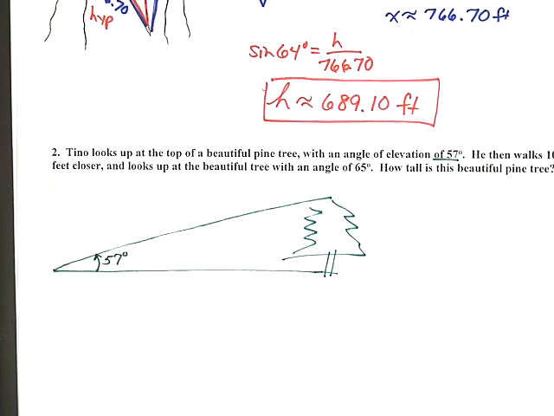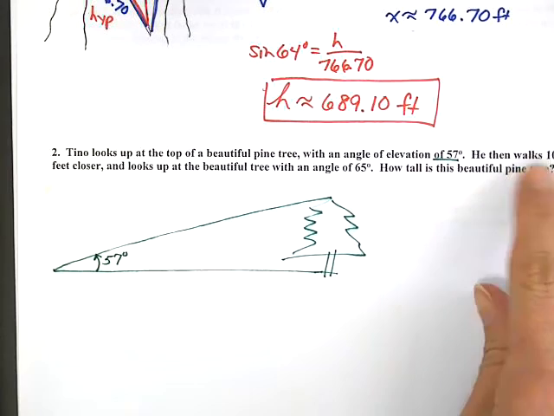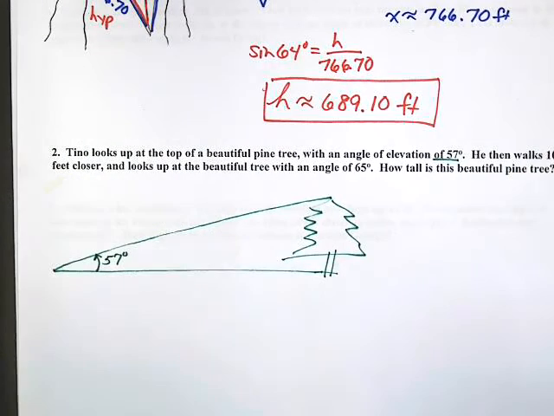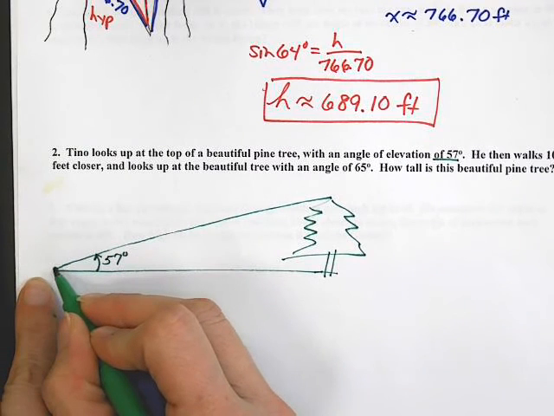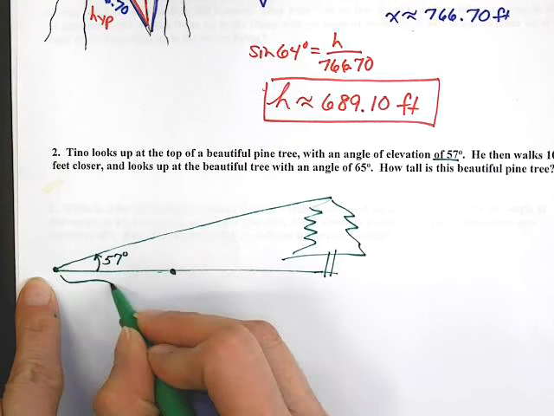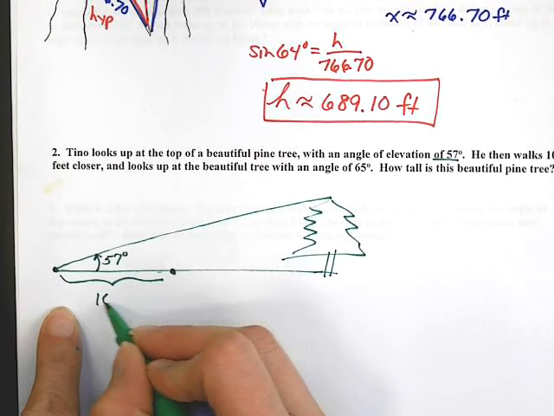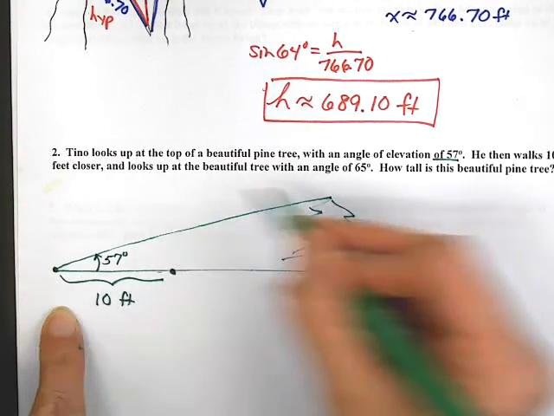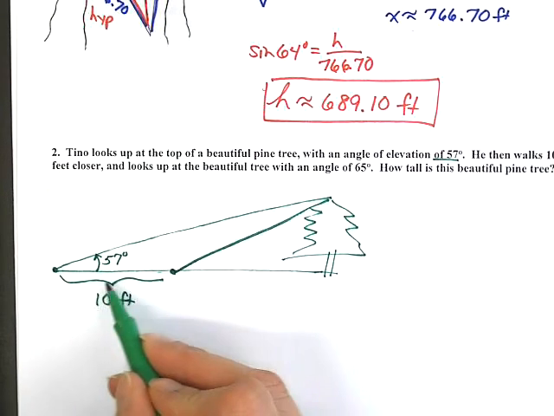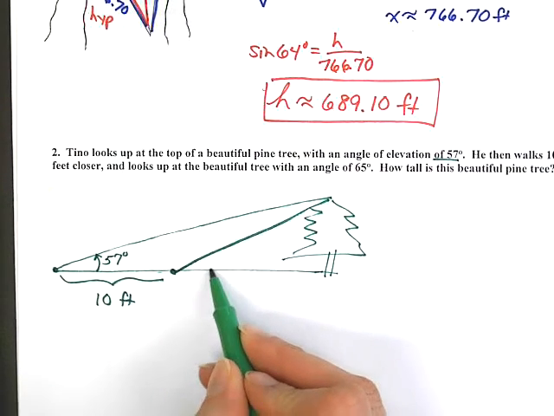He then walks 10 feet closer and looks up at the beautiful pine tree. So this is where he started. He walks, so this distance right here is 10 feet closer. Remember when you go to the show and you sit closer, like in row 1, you've got to really crank your head up.